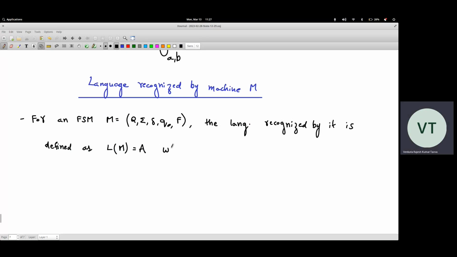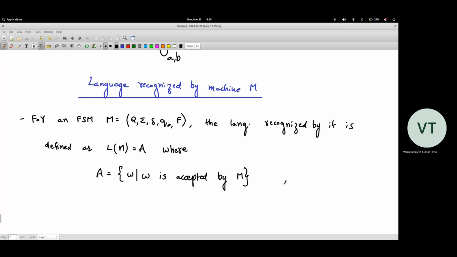L of M equal to A, where A is the set of all those omegas, where omega is accepted by M. Omega means string.